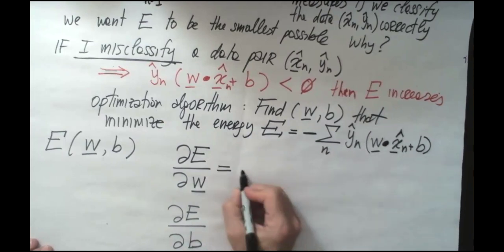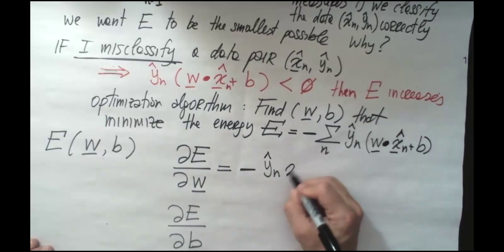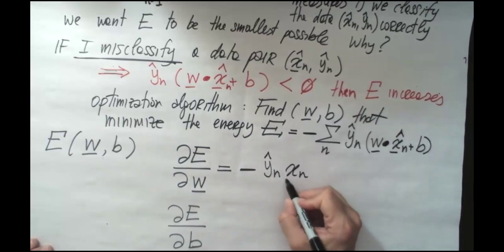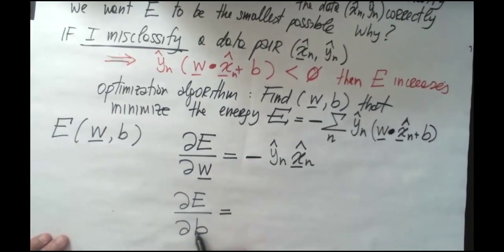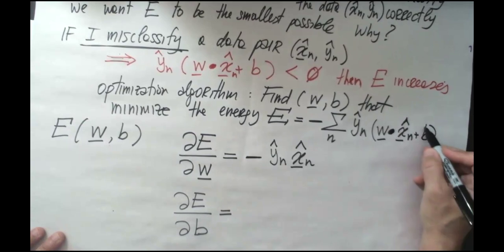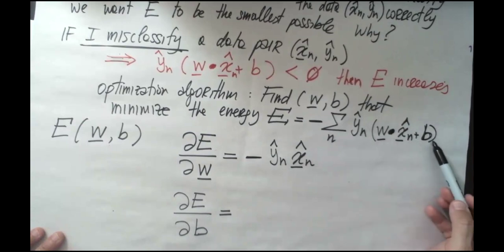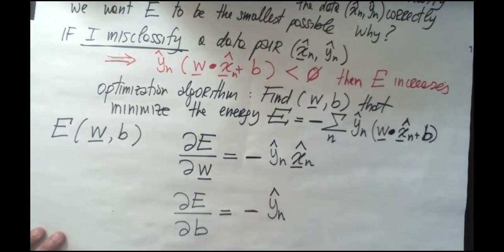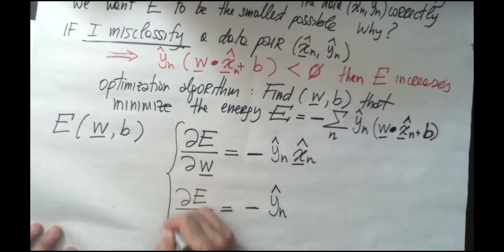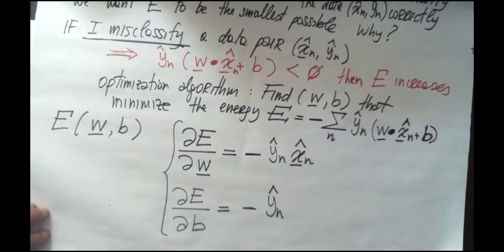It is clear that this derivative is equal to minus yn, the label, multiplied by xn, the input data. And the derivative with respect to the bias, which is a scalar variable, is going to be minus yn.